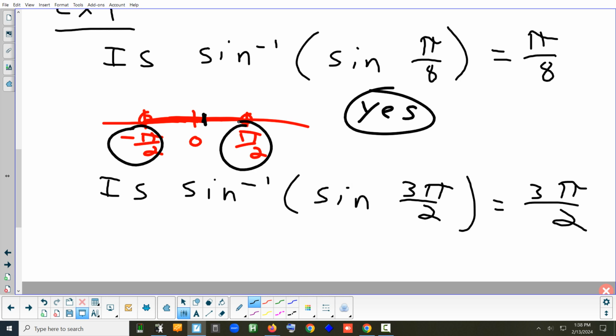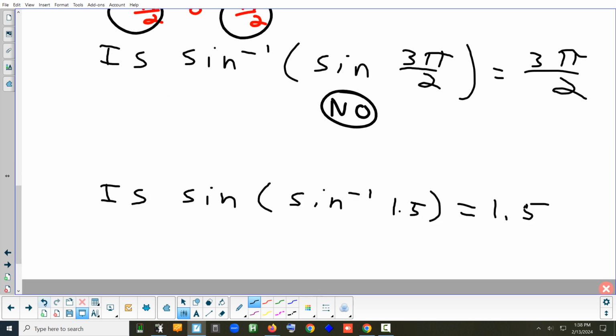Bigger. It's triple pi over 2. So that's way outside what it's supposed to be. So if you type that in, are you going to get back what you started with? No. You will get back an answer, but it's not going to be what you started with. So no, that one doesn't come out right.